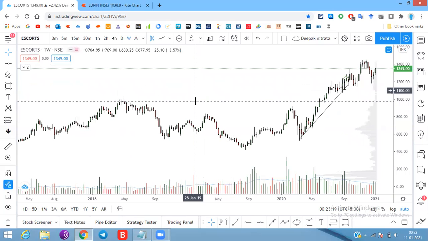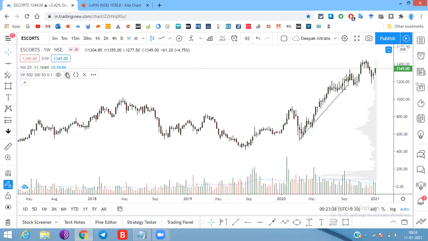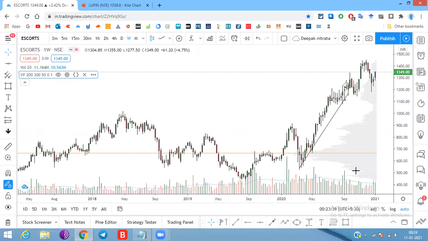Okay, now that's good. Let me change the data set from 500 to 200 so that I can have a good view. Okay, yes.